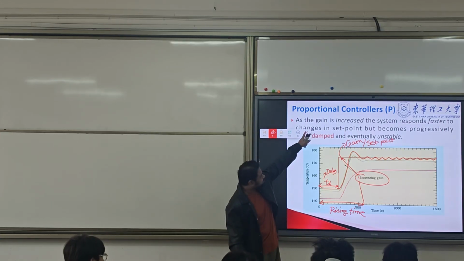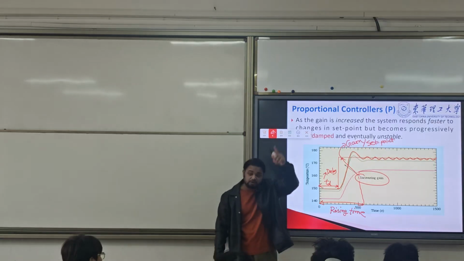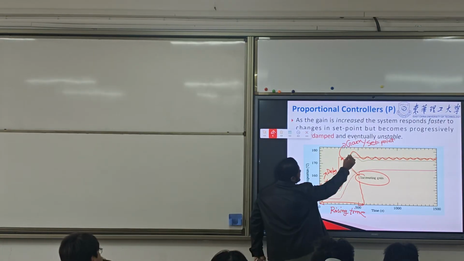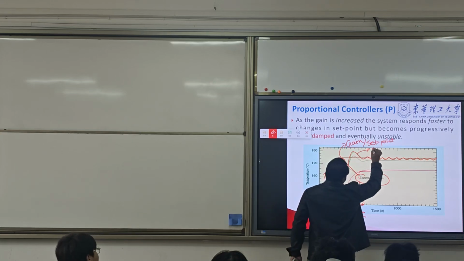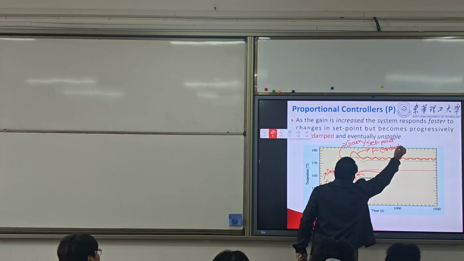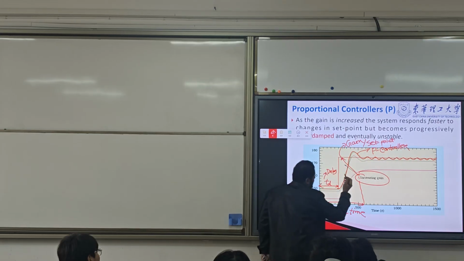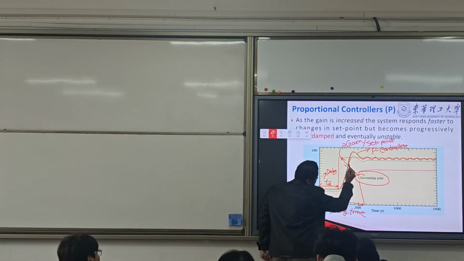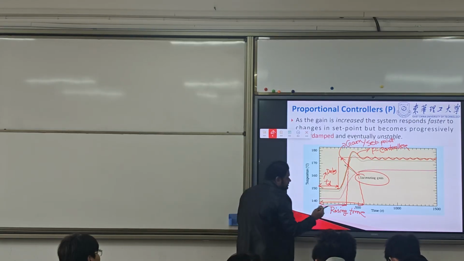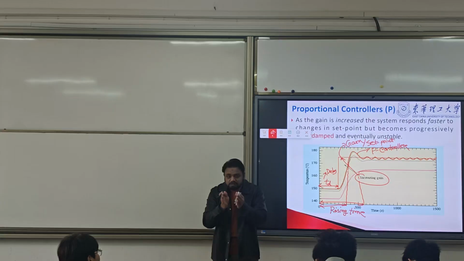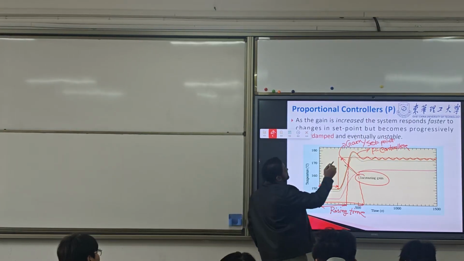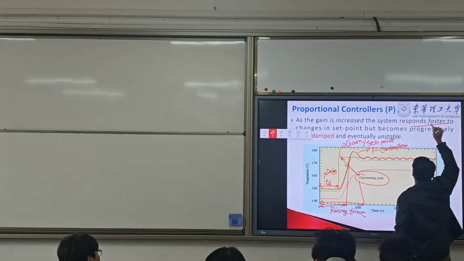But while we use a proportional control, it responds faster. The system will respond faster. Now look at this. This is P control. If we use a P controller, then look at this. The rise time becomes shorter. That means the system is responding fast.